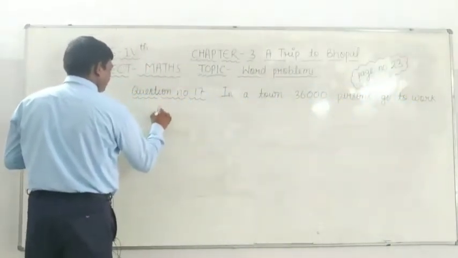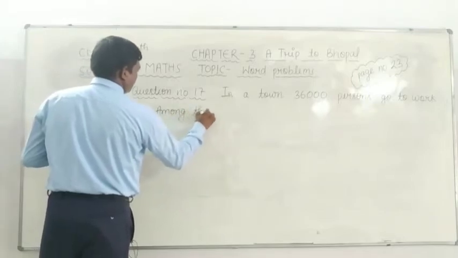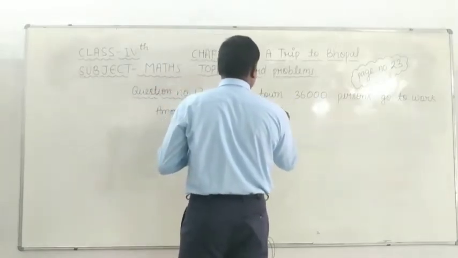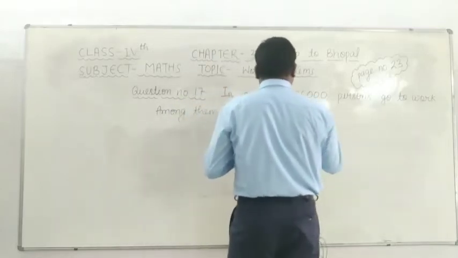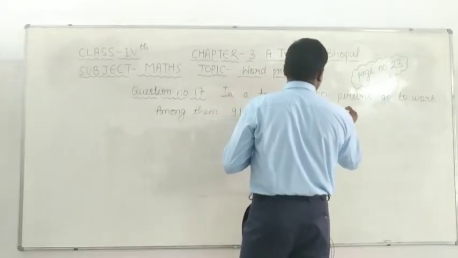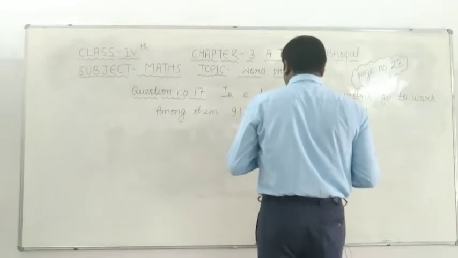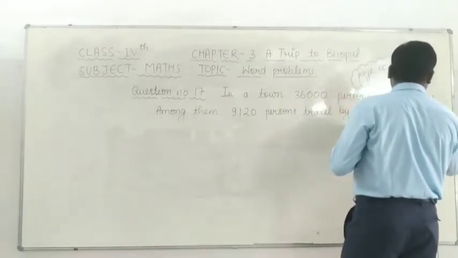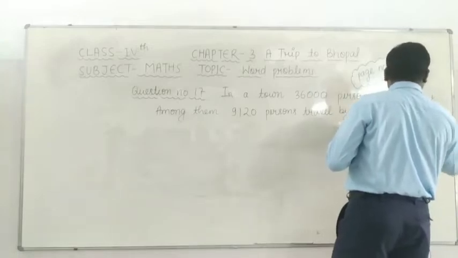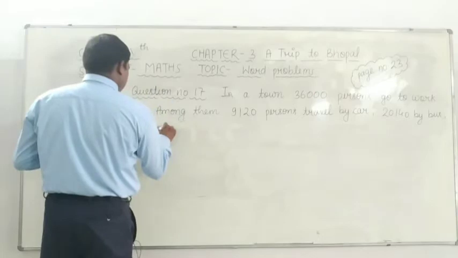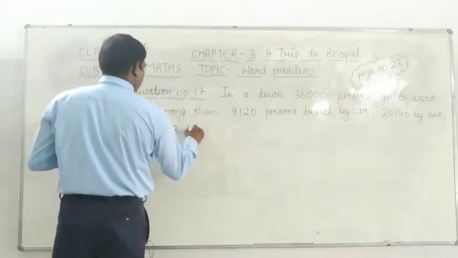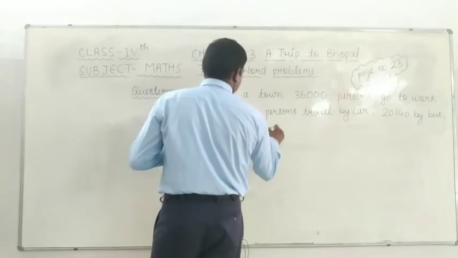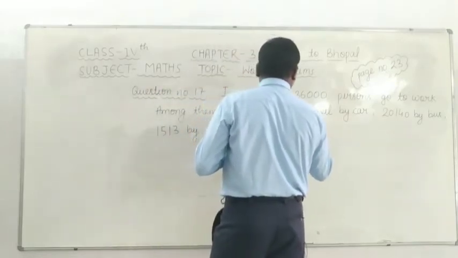Among them, 9,120 persons travel by car, 20,140 by bus, 1,513 by cycle, and the rest go on foot.